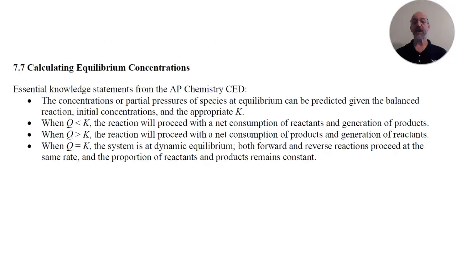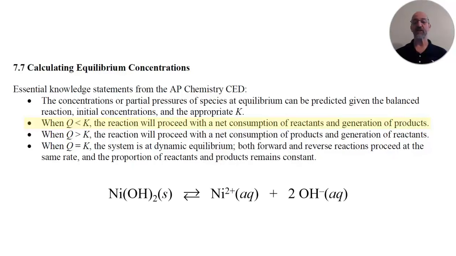So in an earlier episode, I talked about topic 7.7, and let me go ahead and show you the Q versus K comparison. When Q, the reaction quotient, is less than K, the equilibrium constant, the reaction will proceed from left to right with a net consumption of reactants and generation of products.